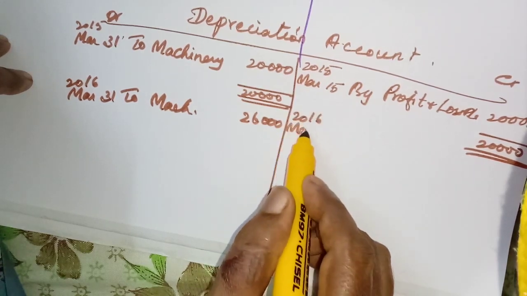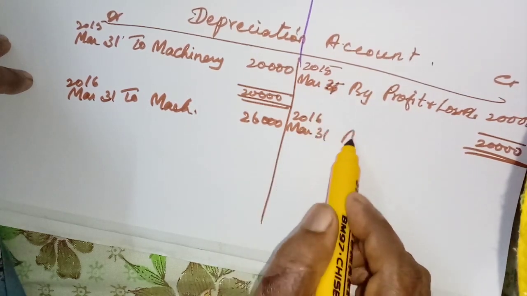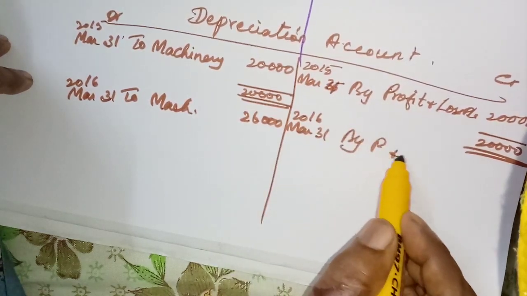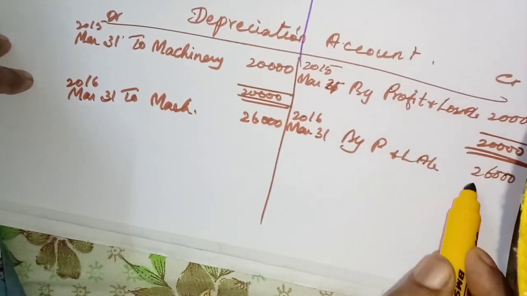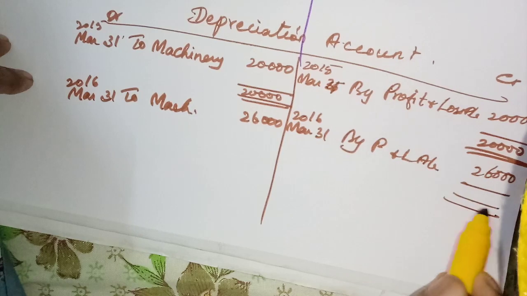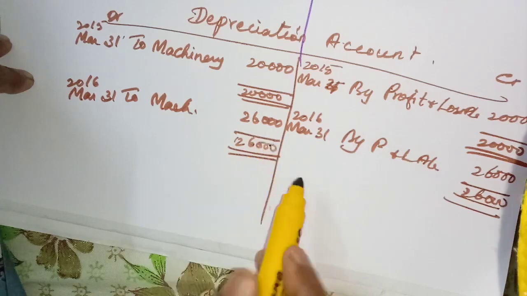March 31, by profit and loss account. Same 26,000. You draw one line and write the amount.